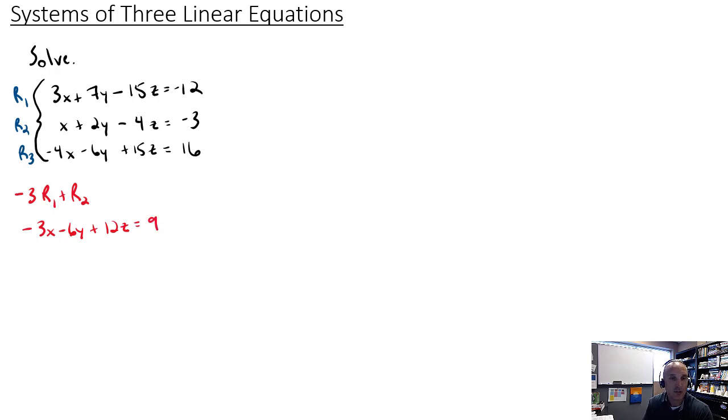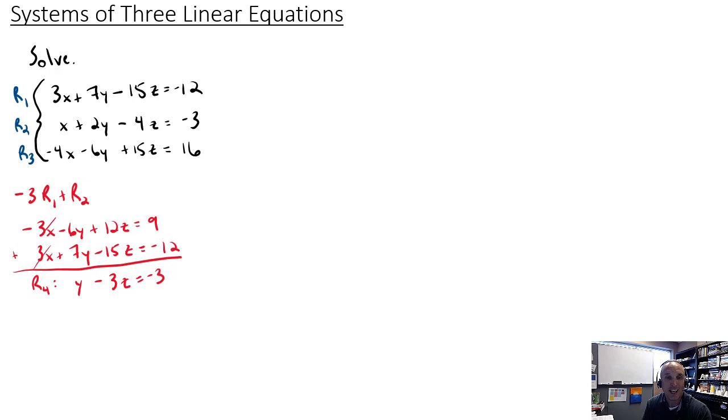And I'm going to add row 1, which is 3x plus 7y minus 15z equals negative 12. And you can see that when we add, the x terms add to 0, thus canceling. The y terms give us y. We get minus 3z equals negative 3. And I'll call that row 4. Notice there's no x here. This is going to be one of the equations we have in our system of two equations.